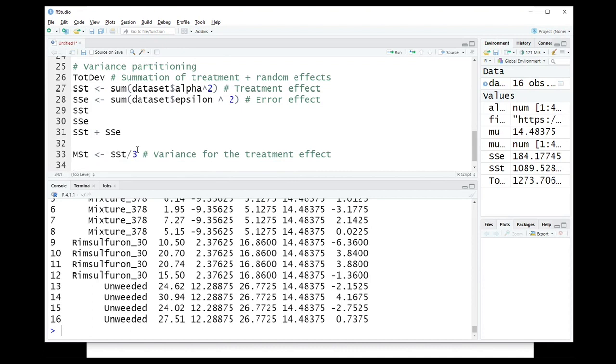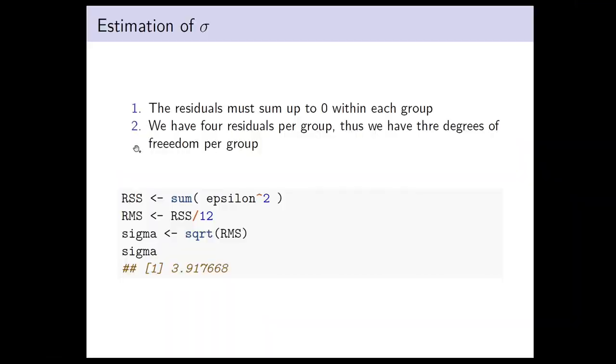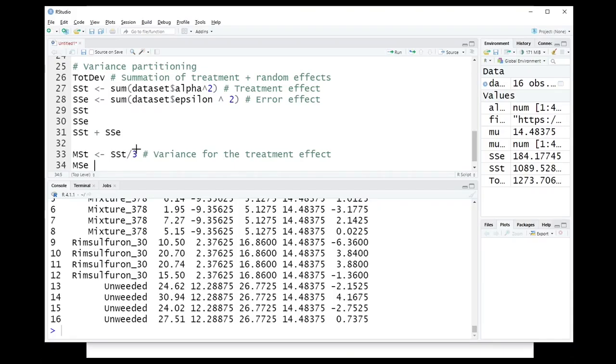Now let's calculate the variance for the error term. Now it's interesting. How many degrees of freedom do we have here? It's 16 minus 1. No. It's not 16 minus 1. That is correct for the total deviance, because we have 16 observations.